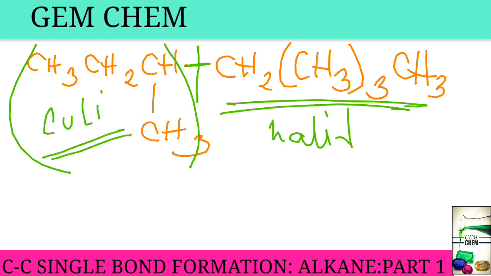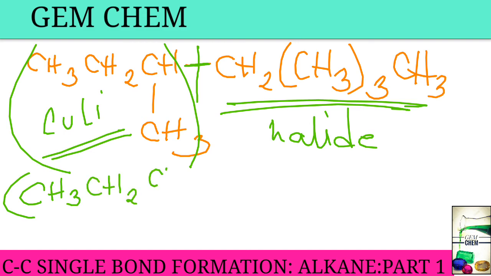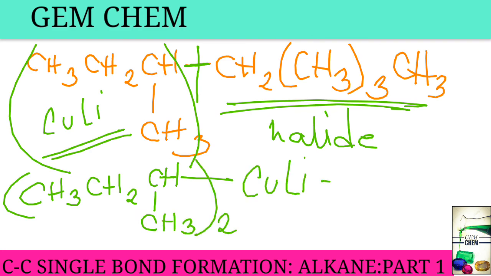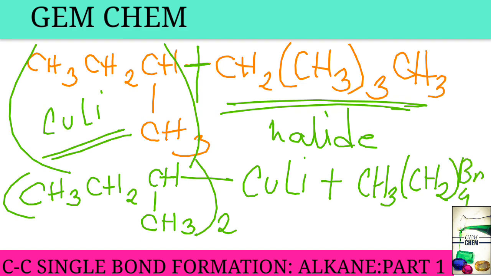Now what will be our substrate for this formation? We will take it as (CH3CH2CH(CH3))2CuLi plus CH3(CH2)4Br. This is the most important reagent. We will find its use in every case, mostly for organometallic compounds, and we will deal with it later. But for this alkane chapter, this much is enough.